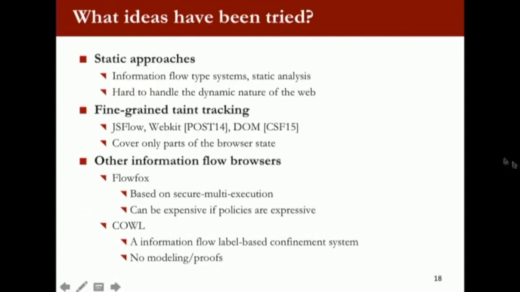In terms of the browser itself, FlowFox is a pretty well-known work. They're not using tainting. Instead, they essentially have a new JavaScript engine and use something called secure multi-execution. The idea is that if I know there's some secret input to my system, and I know there's some public observer output out of my system, what I'll do is run two copies of the program.